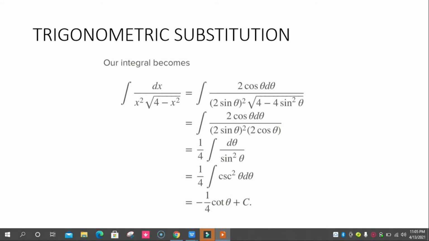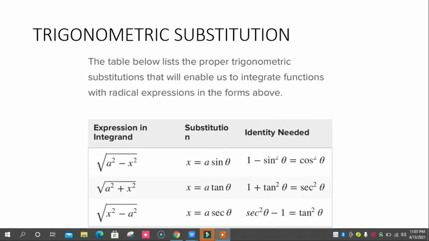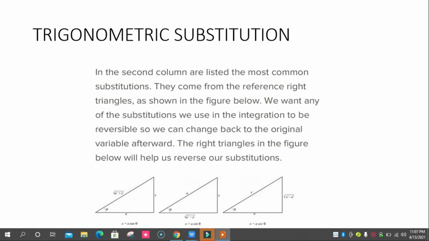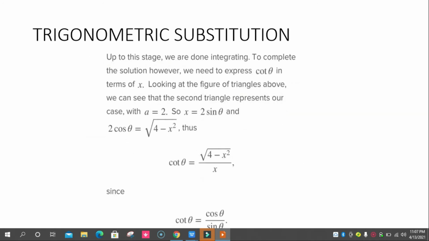Okay, now let's proceed. We are done with integrating, but to complete the solution, we need to express cotangent theta in terms of x. By looking at the figure of triangles above, we can see that the second triangle represents our case, with a equal to 2.